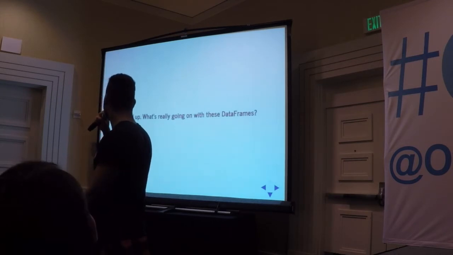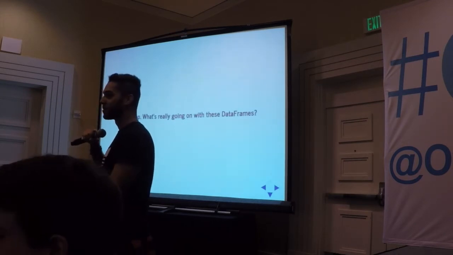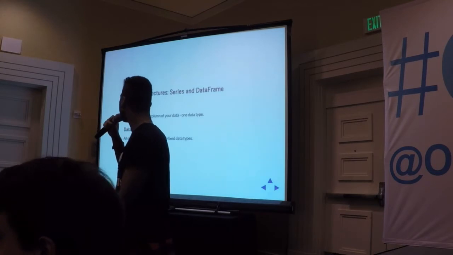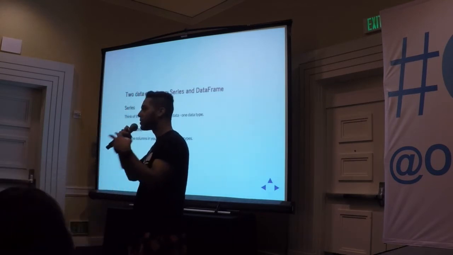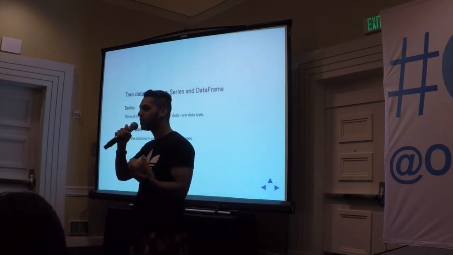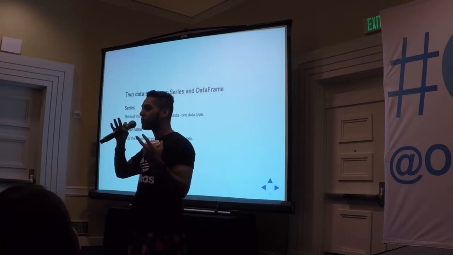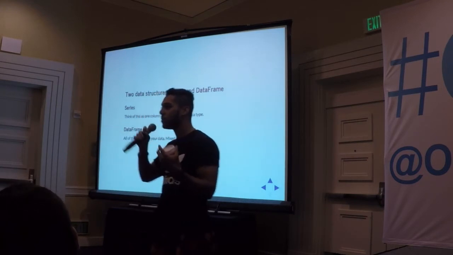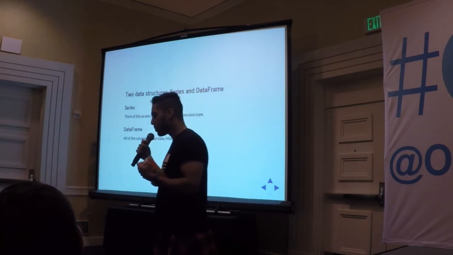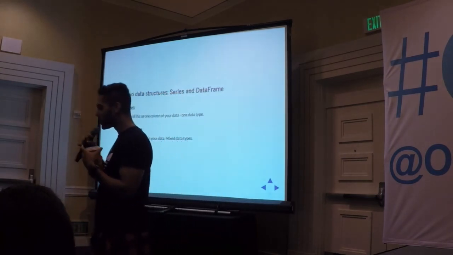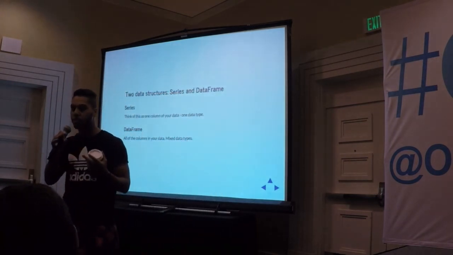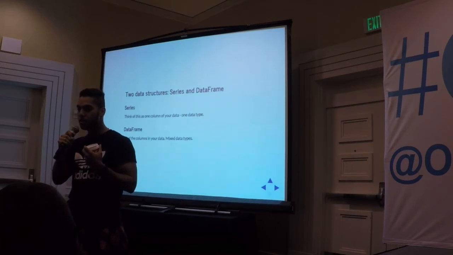But what's really in a data frame? So there are series, which you can think of as one feature, one column. And then the data frame itself will be a collection of series, a table. One thing that's important to think about if you were designing, say, a library or a set of tools is you want to be able to keep things flexible.